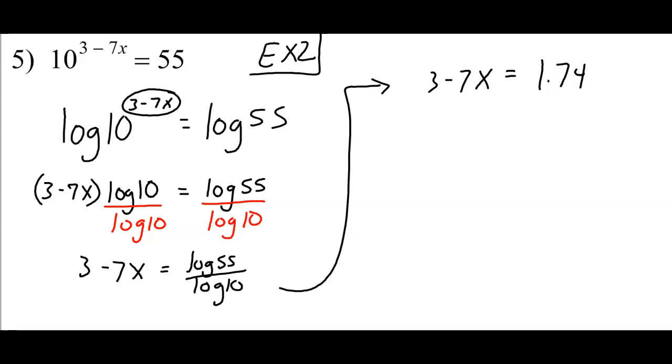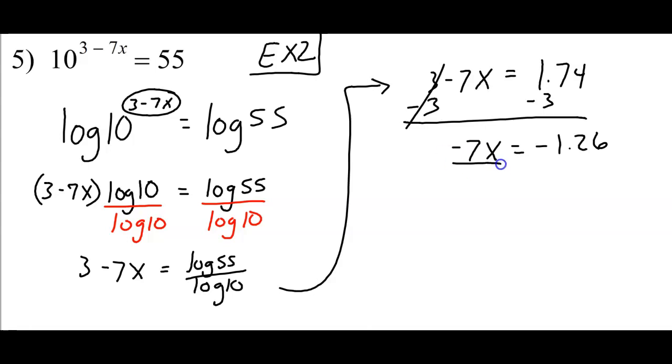So usually in the last part we would have been done here, but for this I still don't have x by itself, so I just need to do some basic algebra to get the x by itself now. So the first thing I would do is I would minus 3 on both sides. And feel free to use your calculator to do these, because usually you're going to have a weird number over here, like 1.74. So 1.74 minus 3 is negative 1.26 if I just round it to the thousandth place.